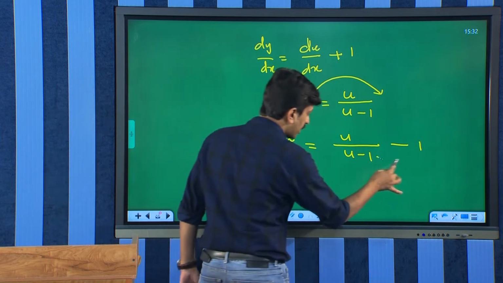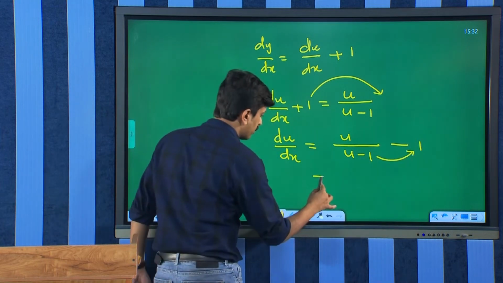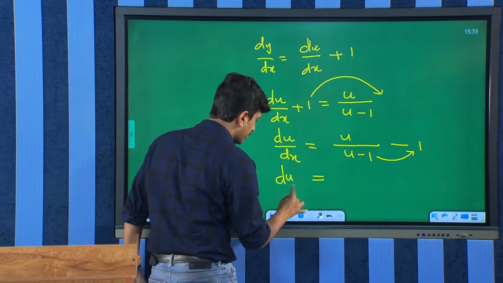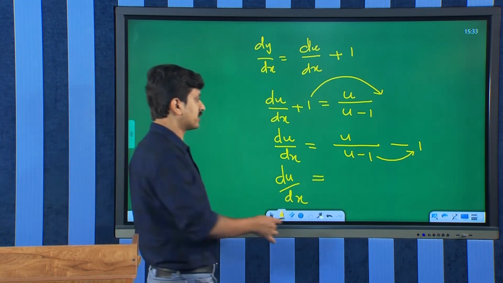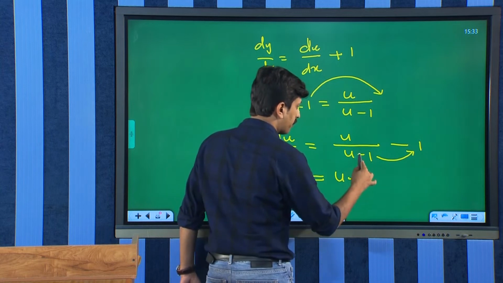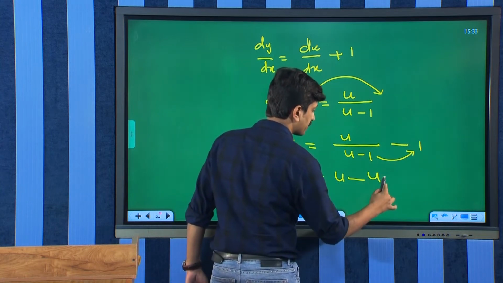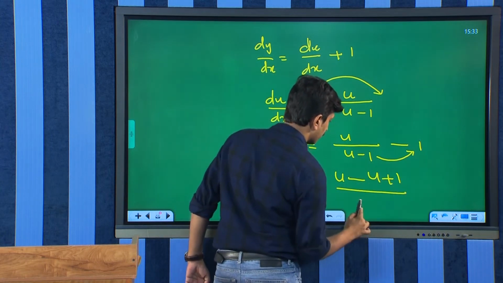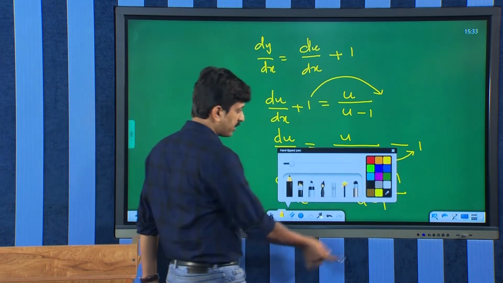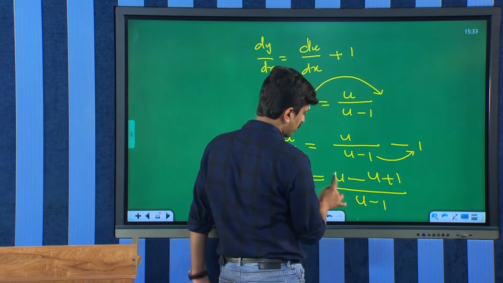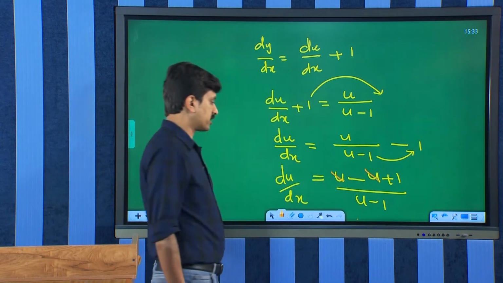Therefore, we have du divided by dx is equal to u minus (u minus 1), that is u minus u plus 1, divided by u minus 1. The u and minus u will cancel.